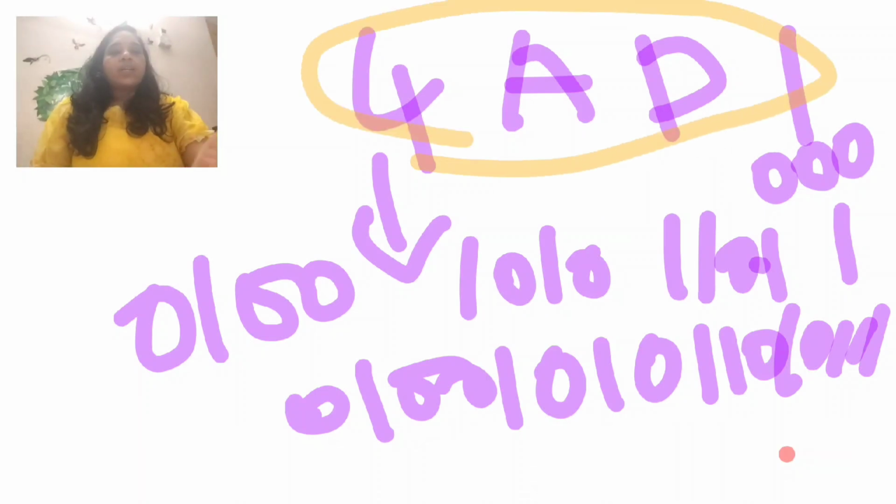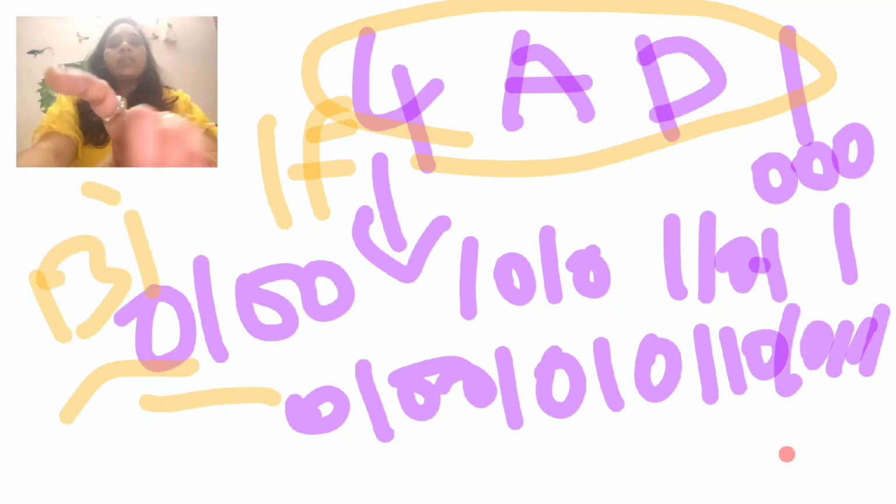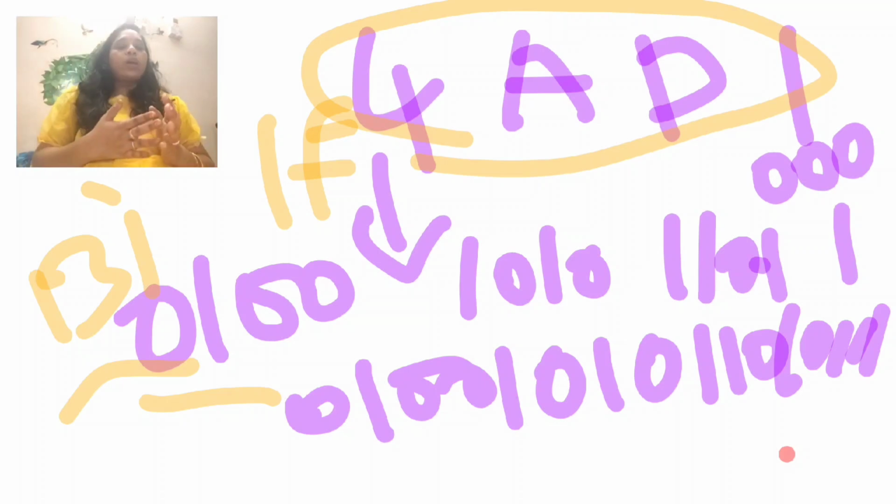So this is your hexadecimal value, and this is your binary value. Like this, calculations and programs we can perform in digital electronic circuits. So this is the methodology for converting hexadecimal to binary.